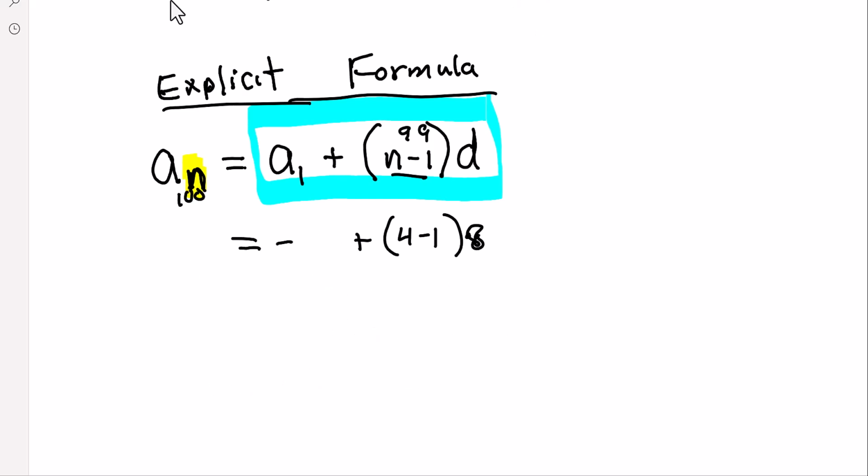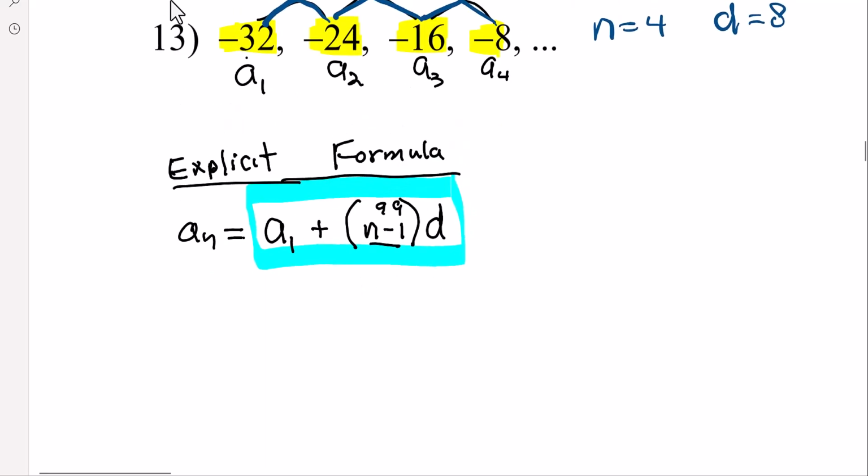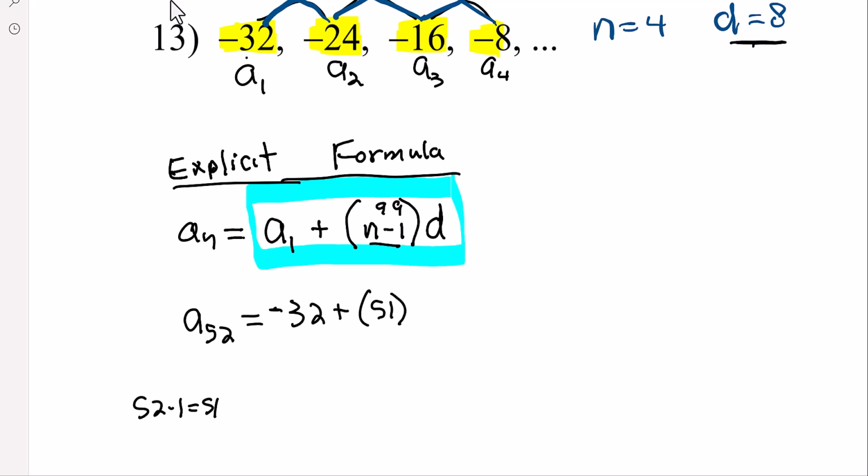But the instructions tell us to find the 52nd term. So we're going to say a sub 52 is equal to the first term, negative 32. Now, 52 subtract 1 is 51, so we're going to put 51. And the common difference is 8.